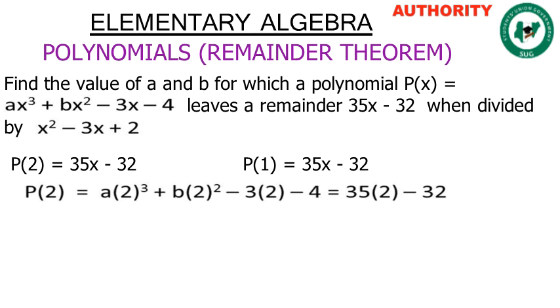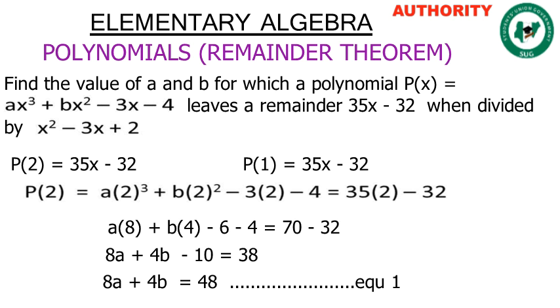Now p of 2 is equal to a, open bracket, 2 raised to power 3, plus b, open bracket, 2 raised to the power 2, minus 3, open bracket, 2, minus 4, is equal to our remainder, 35, in place of x we replace it with 2, minus 32. 2 raised to the power 3 is 2 times 2 times 2, which is 8. Now we have 8 in bracket, plus b, 2 raised to the power 2 is 4.